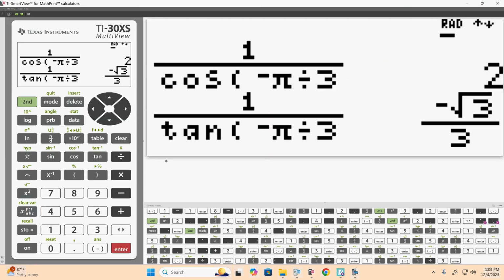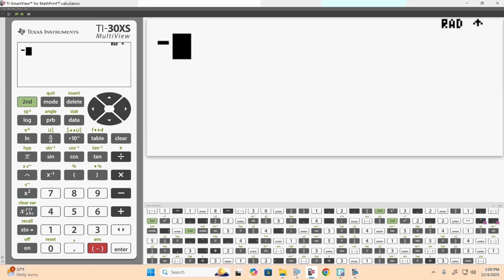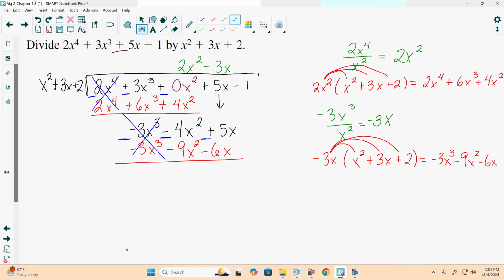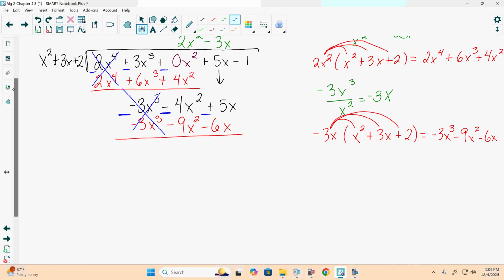If you're not sure with your subtracting negatives, we can plug the coefficients into the calculator. It'll do it for us. It won't do the variables, but we can do the coefficients, our numbers in front of the variables. If we look at the next one, negative 4x squared minus negative 9x squared, negative 4 minus negative 9.